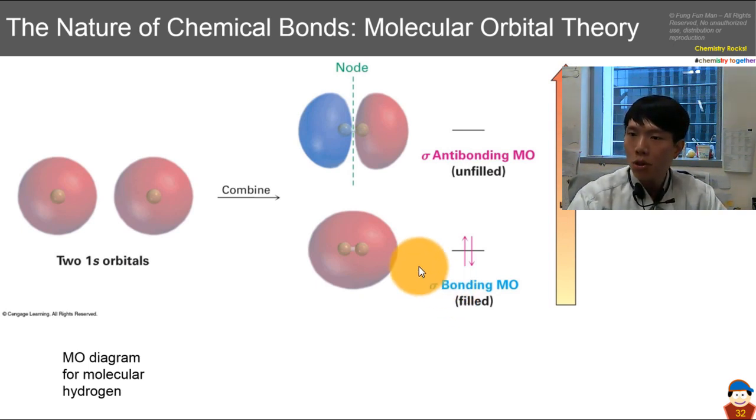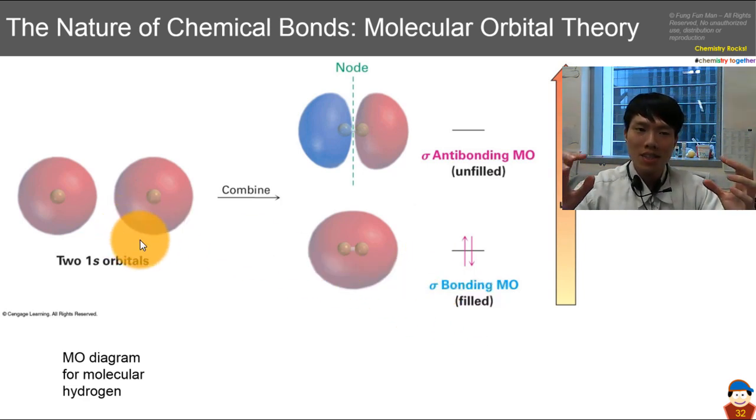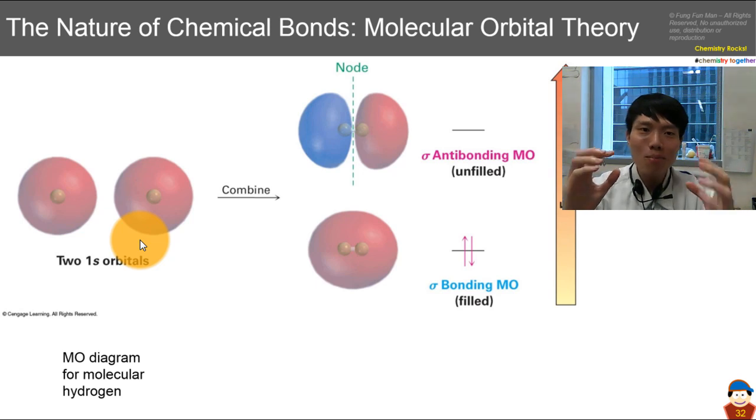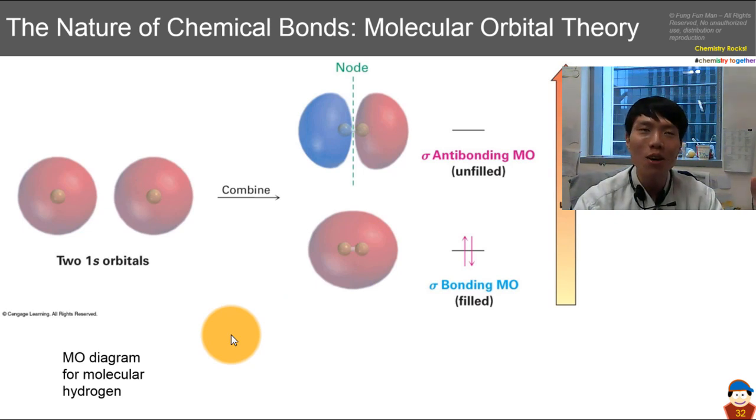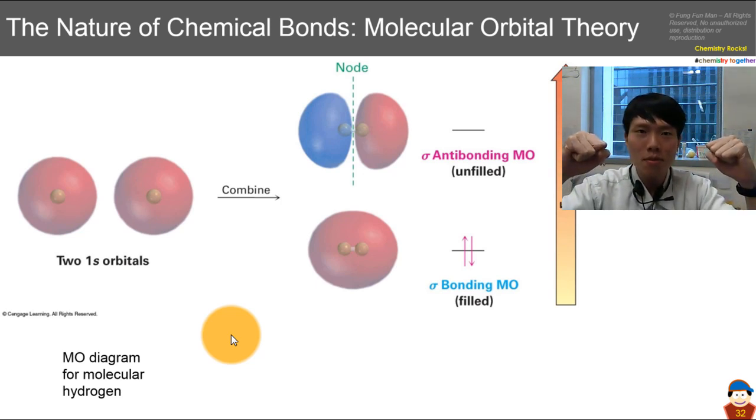In this diagram, we show you the molecular orbitals of hydrogen. The MO theory, as chemists say, molecular orbital theory, is something very unique, and you need a lot of imagination to understand this. Now 2 times 1s orbital, as wave functions, remember they are also expressed as mathematical formulas.